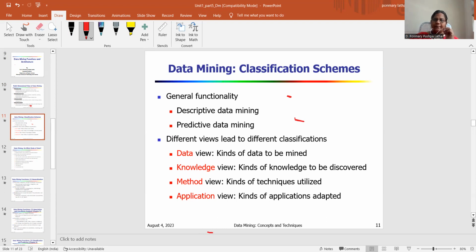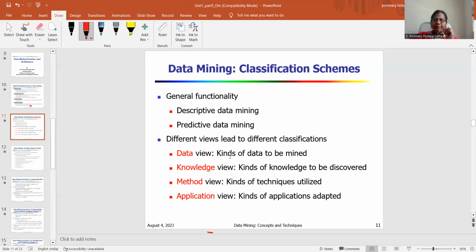That is a prediction. Descriptive is just for the summary which you are going to take. That is descriptive data mining, right?